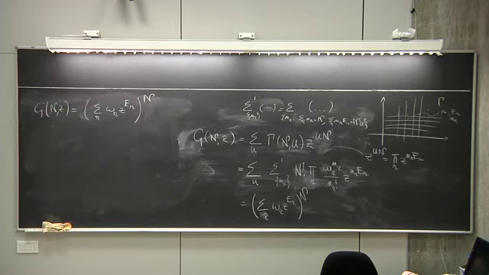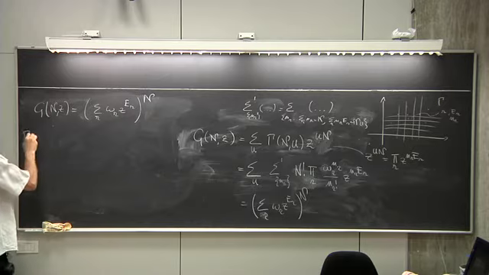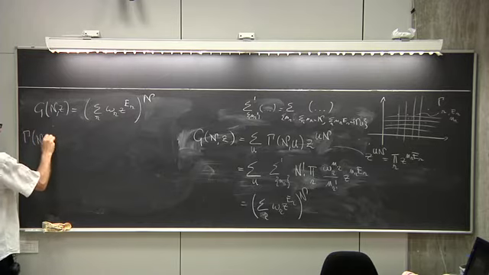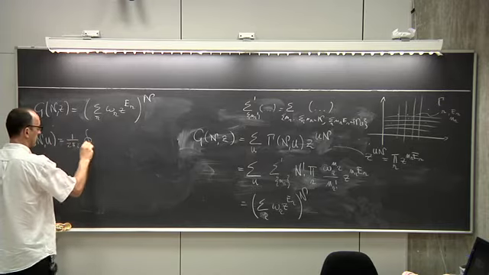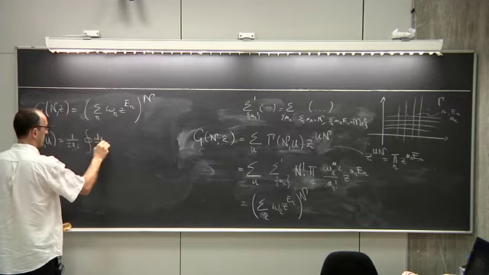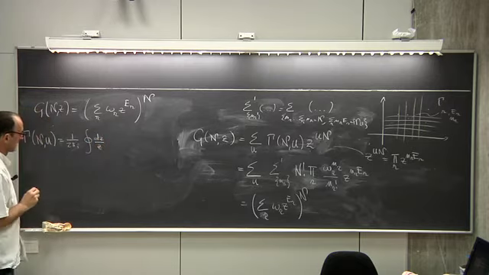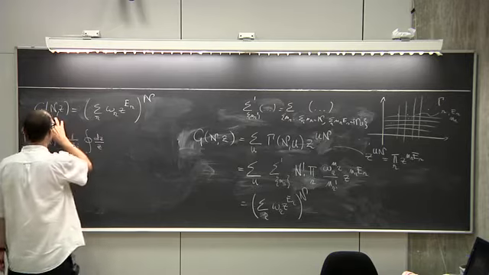So now if I want to compute the gamma of n and u, what I have to do is 1 over 2 pi i, the integral dz over z of this function here.